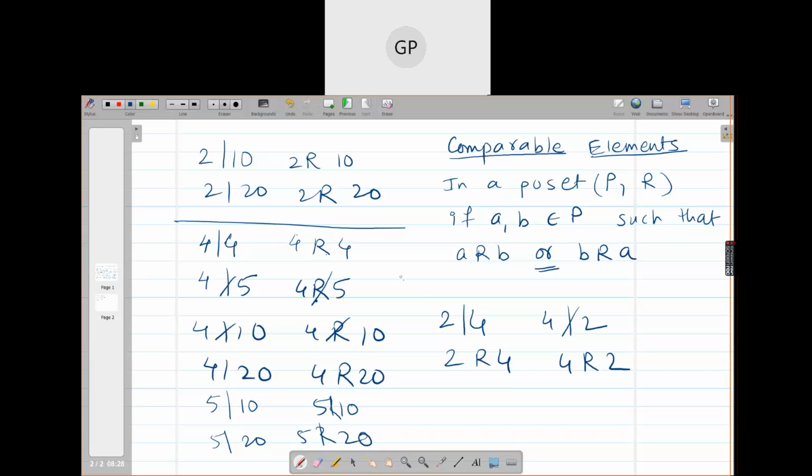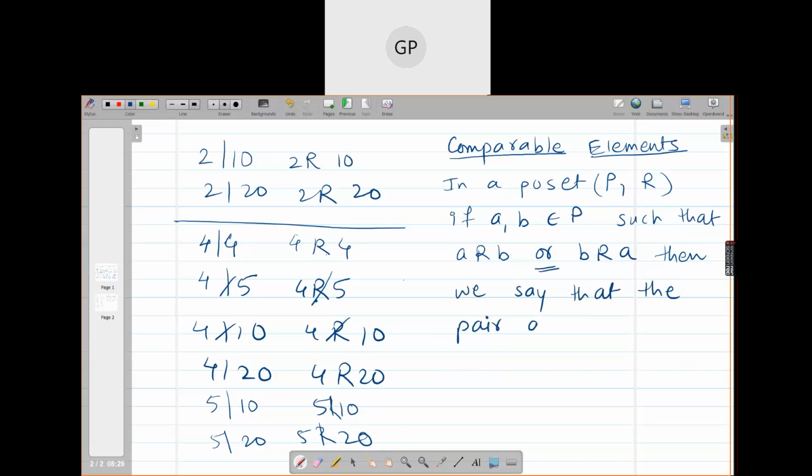So 2 is related to 4, but 4 is not related to 2. So we need either one of the two. A is related to B or B is related to A. Then we say that the pair A, B is comparable.